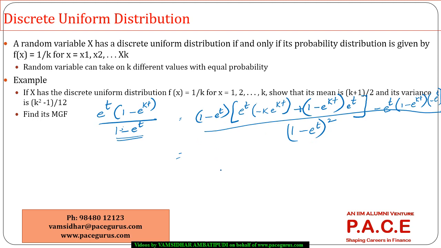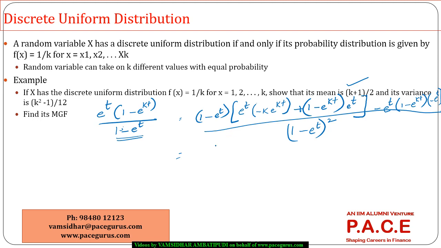So I have to actually apply the L'Hospital rule altogether. That is one more way, if I can simplify the whole thing. Only when I am able to do the simplification to that extent am I able to derive the mean, which is (k plus 1) by 2. Because when I am directly substituting t, it is coming into a 0 by 0 form.